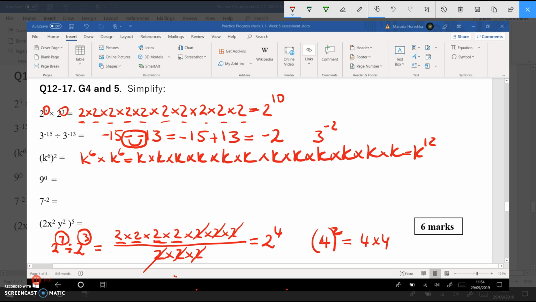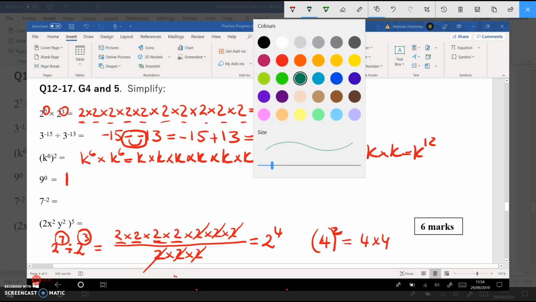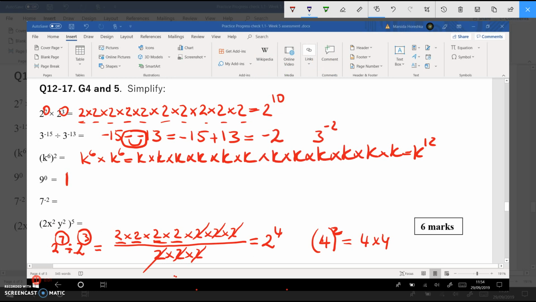Then we have 9 to the power of 0, which is equal to 1, but it can be slightly confusing. So for that reason, I'll try and see if I can give you something to help you remember. So when we have 9 to the power of 2, that is the same as 9 times 9, which is 81.